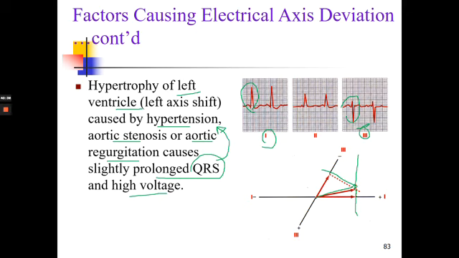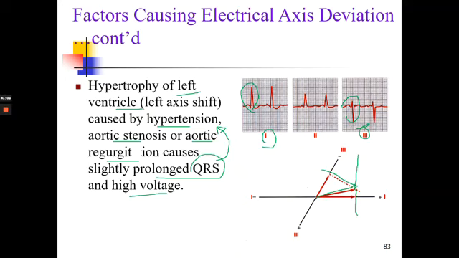So these are the causes of left axis deviation. Hypertension causes left shift. Aortic stenosis: the left ventricle has to develop a lot of pressure to pump that small amount of blood through a narrow orifice, a narrow aortic valve.